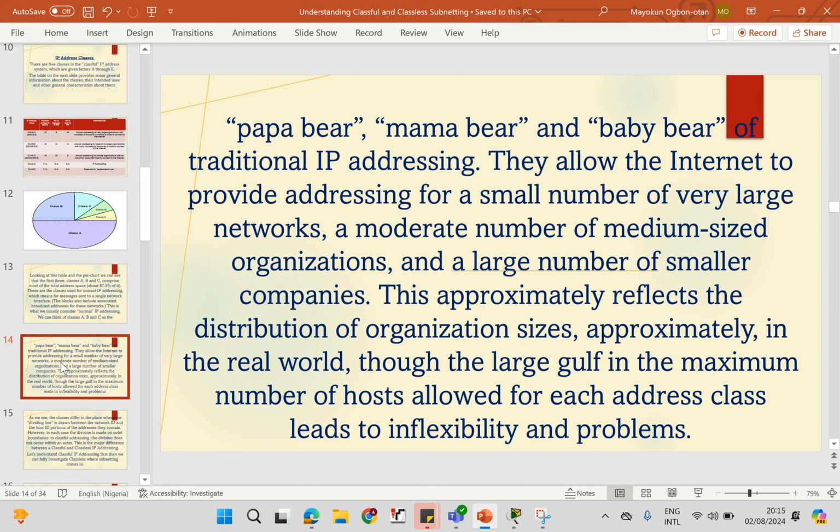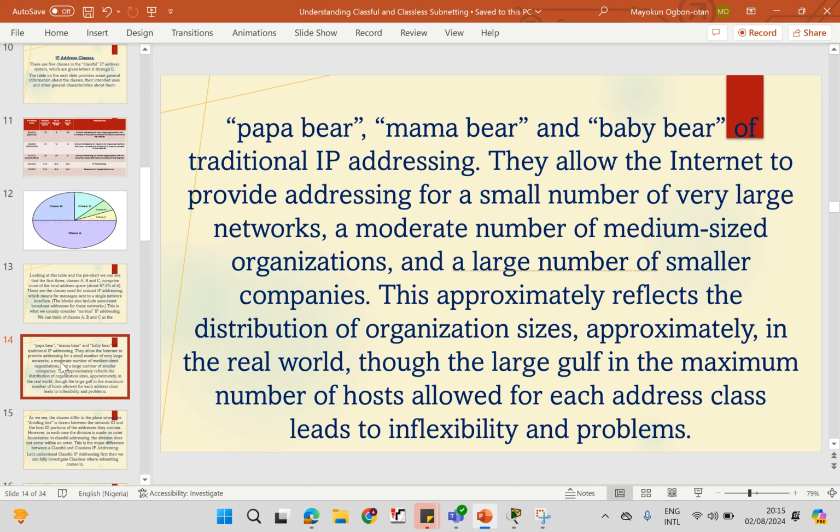This approximately reflects the distribution of organization sizes in the real world, though the large gulf in the maximum number of hosts allowed for each address class leads to inflexibility and problems.